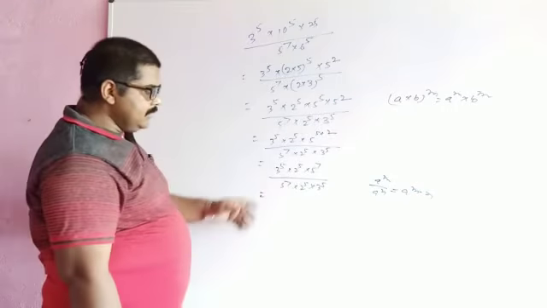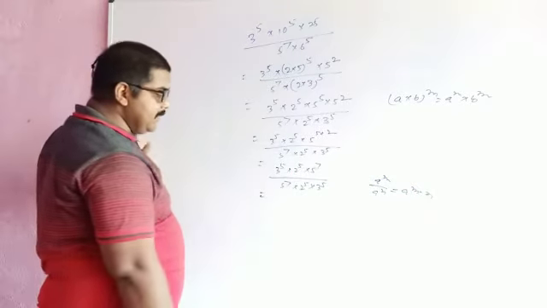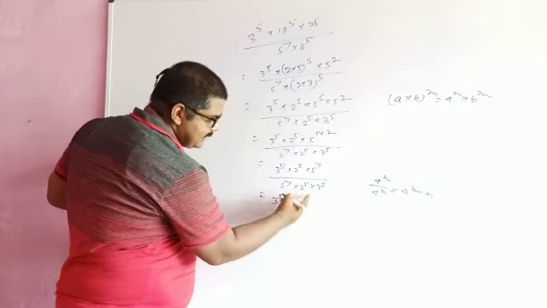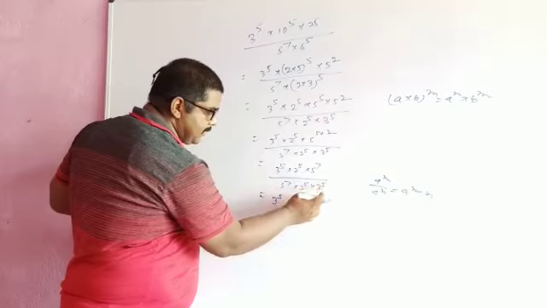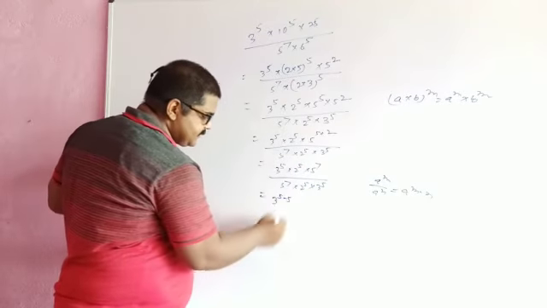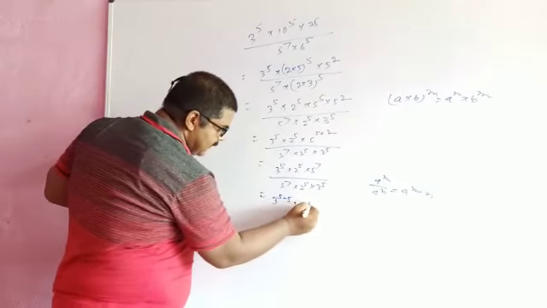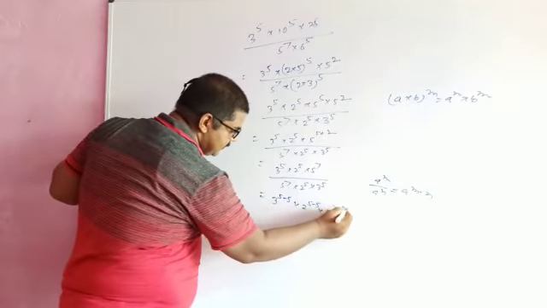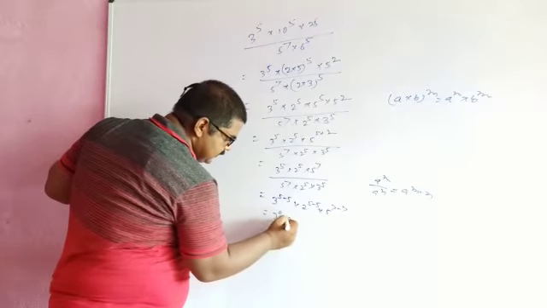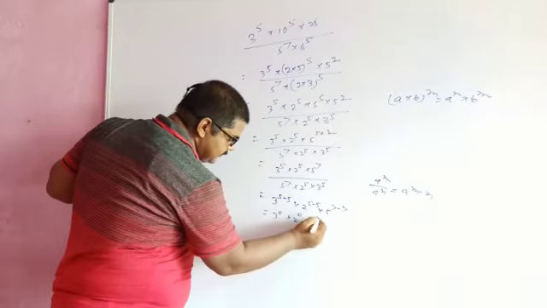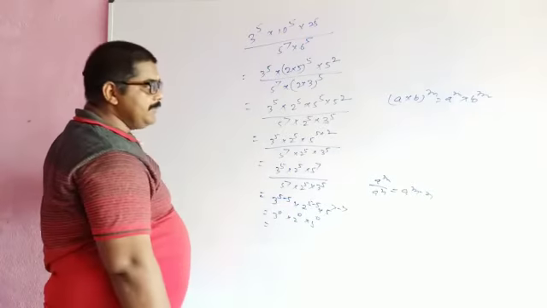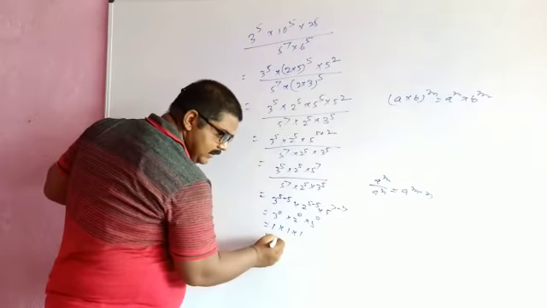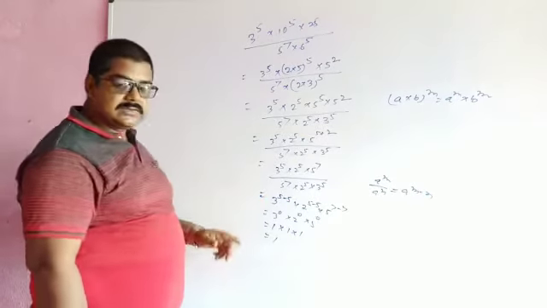So my dear, you can just subtract if the bases are same: 3 to the power 5 and in the denominator 3 to the power 5. So 2 to the power 5 minus 5 you can write, and 5 to the power 7 minus 7. So 3 to the power 0 into 2 to the power 0 into 5 to the power 0. And if the power is 0, then its value is 1 into 1 into 1, and finally its result is 1.